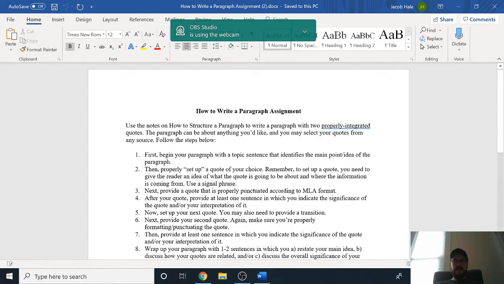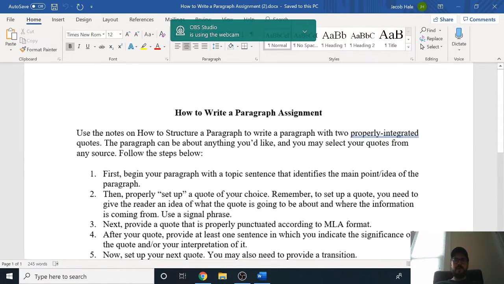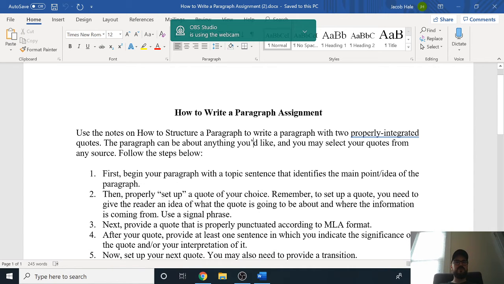So in this assignment, you'll be using the notes that we just walked through to write a paragraph with two properly integrated quotes. So in other words, you're just writing a paragraph. You're following those formulae that we just went over, and you are incorporating a couple of quotations.